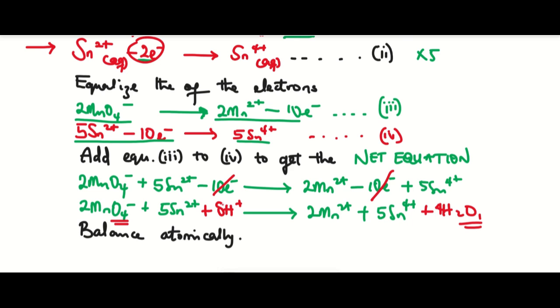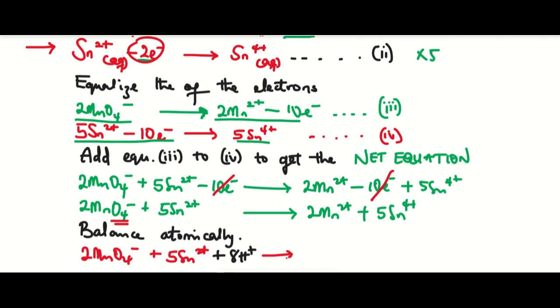We have 8 atoms of hydrogen because we also have 8 atoms of hydrogen here. So let's quickly add it up. I have 2 MnO4- plus 5 Sn2+ plus 8 atoms of hydrogen to give 2 Mn2+ plus 5 Sn4+ and 4 moles of water. Check your answer to see if it is balanced atomically and ionically.